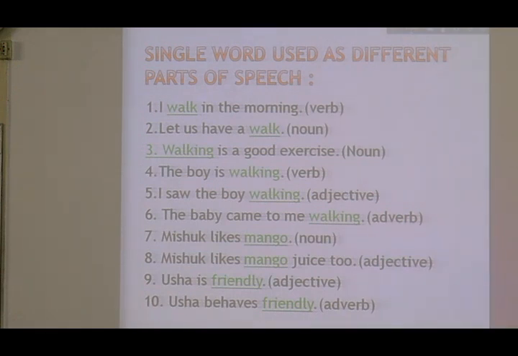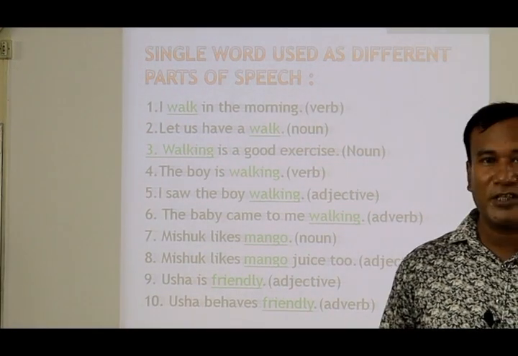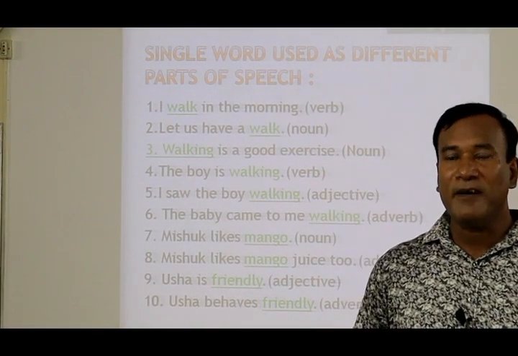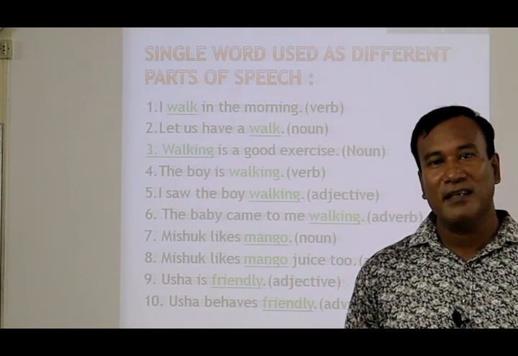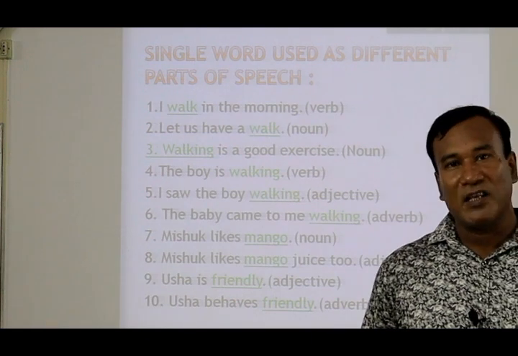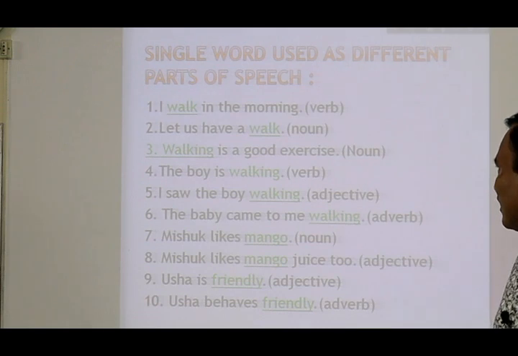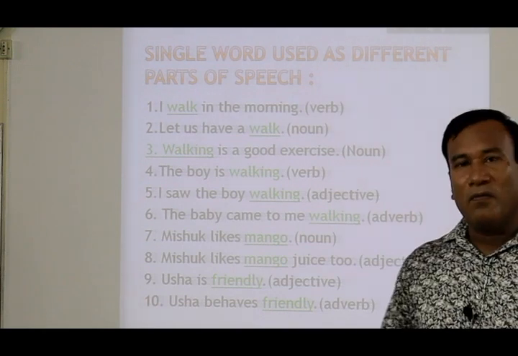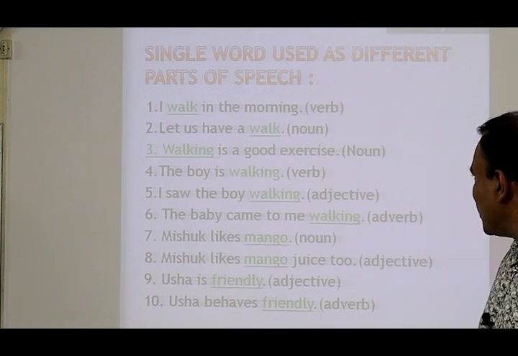So you see, one single word can be used as different parts of speech in different sentences. It depends on how or where the word is used. If the word is used as subject or object, it will be noun or pronoun. If the word is used for modifying noun or pronoun, it will be an adjective.